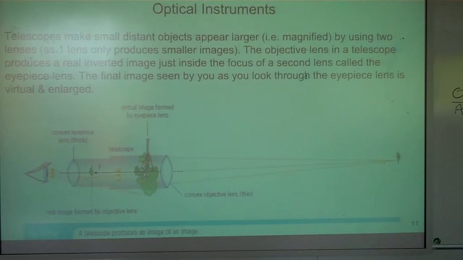Now, obviously we need to provide some examples of how we go about using lenses, and telescopes are a pretty good example of this. I just found this morning, prior to this class, a simple experiment that someone did where they just used 2 lenses.